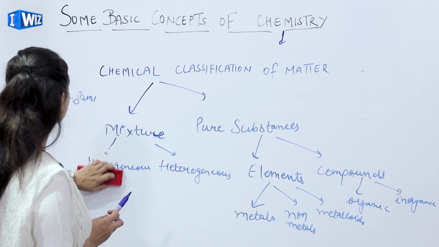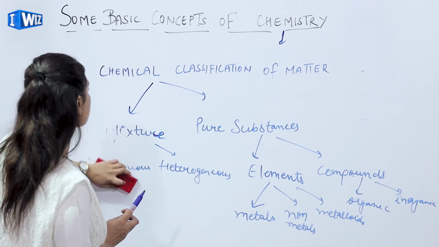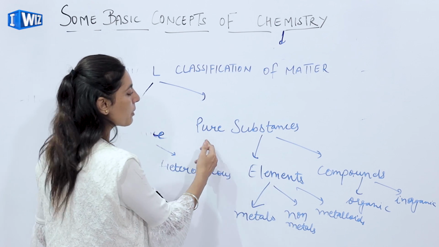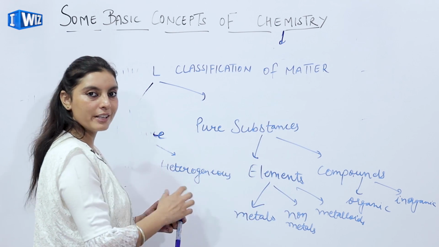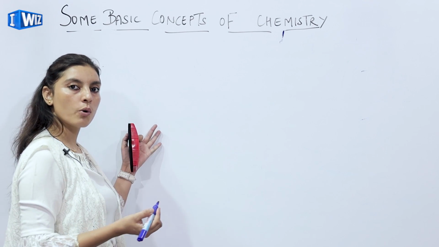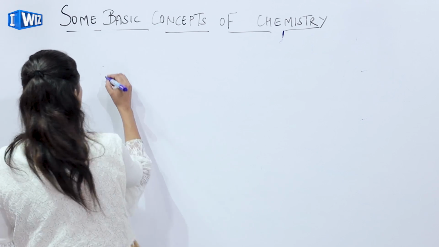Moving ahead, first of all, let's see the difference between the homo and the hetero, and then I'll make you clear about the pure substances and their different categories. So for example, state the difference between homogeneous and heterogeneous mixtures.